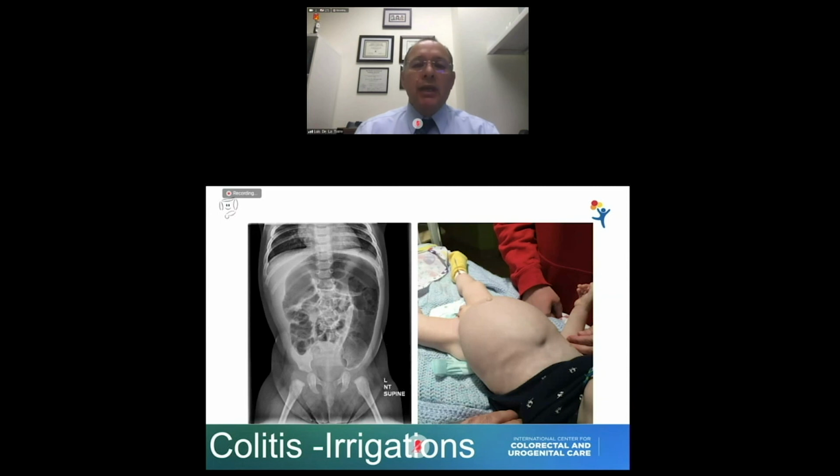And you can save the life of the patients using this procedure. In the past, many patients died because they had colitis, and nobody knew how to treat this problem. Today, the mortality after the pull-through due to colitis should be zero, because the irrigations save the lives of the patients and treat this condition.